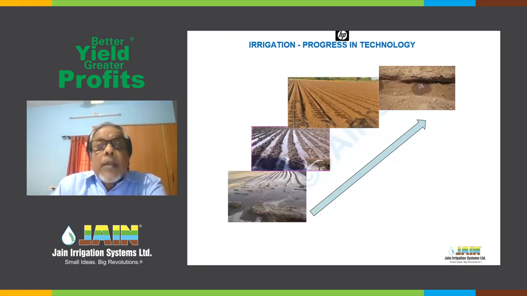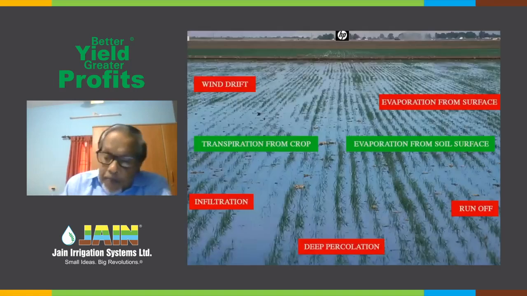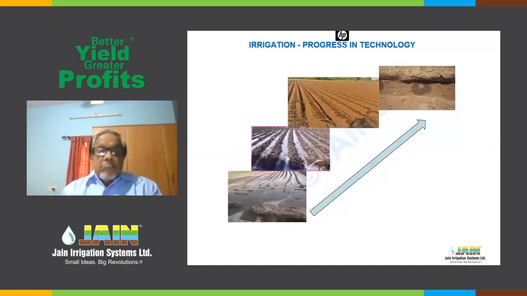Just by breaking the bund, water enters the land prepared for planting, or sometimes even after planting dry seeds in the land. There is absolutely no control, and whatever slope is maintained in the field will give the water a flow, and the flow is supposed to reach the other end of the field and fill it.